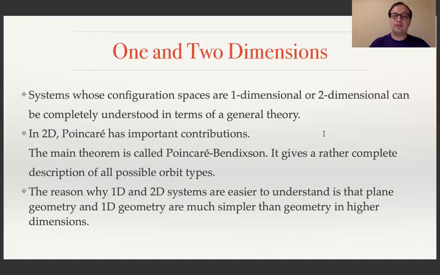So I am referring to systems of two autonomous first-order ordinary differential equations. Discrete systems, so systems that are not described by ordinary differential equations, are somewhat more complicated, and this is not what I am talking about today.